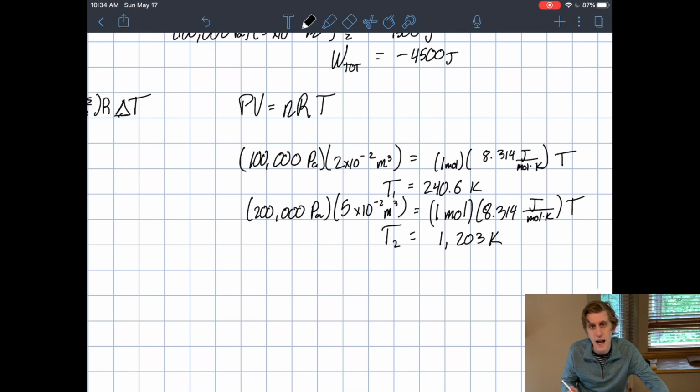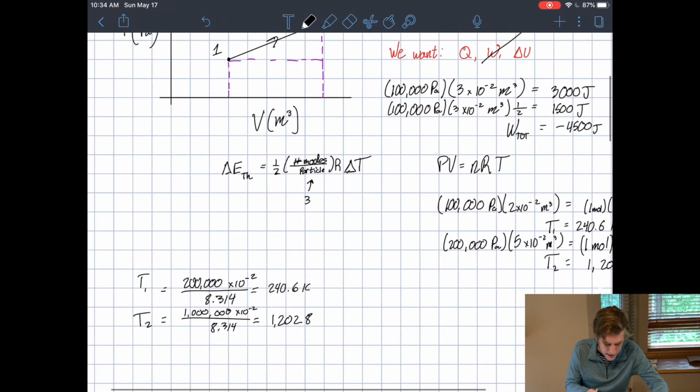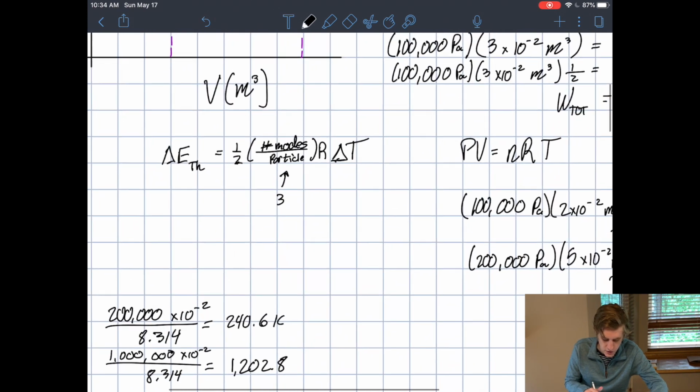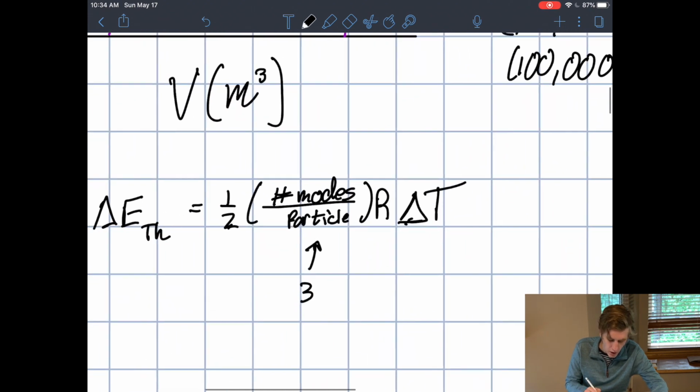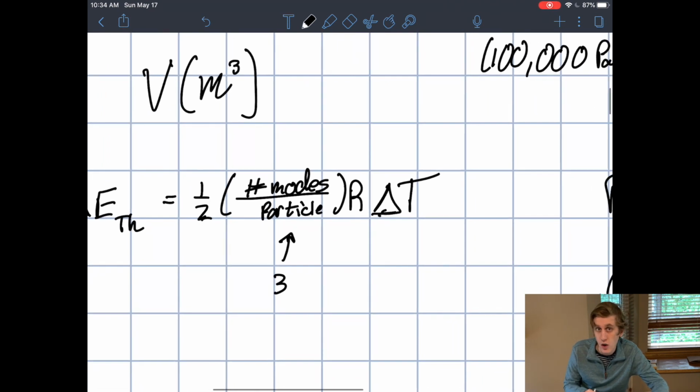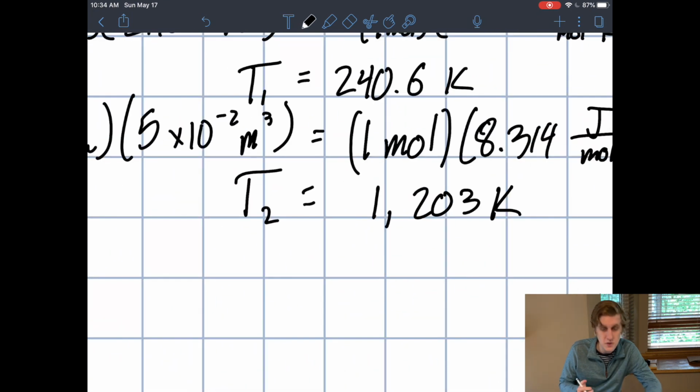But now we have actually all the information we need to determine the change in internal energy. We know the number of modes per particle, it's 3. We know R, the ideal gas constant, 8.314. And we know delta T. Delta T is just the change in temperature.